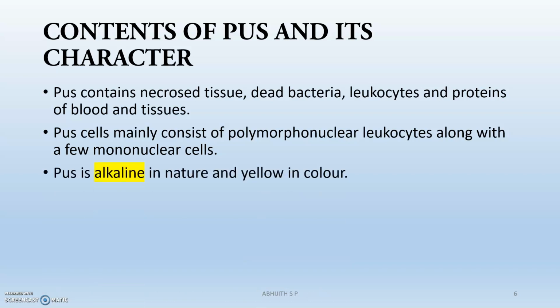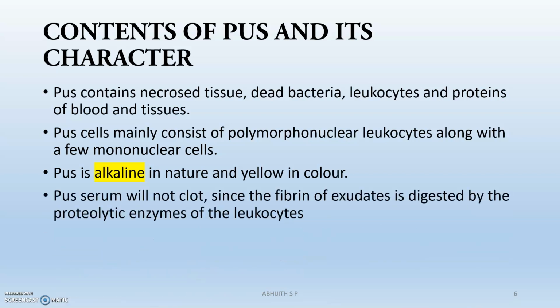Pus is always alkaline in nature and yellow in color, and the gradient of the color depends on the formation, the duration of formation, the type of bacteria and the place of formation, and even on the complete blood count of the animal. Pus serum will not clot, since the fibrin of exudates is digested by the proteolytic enzymes of leukocytes.